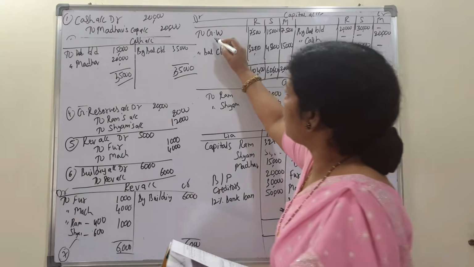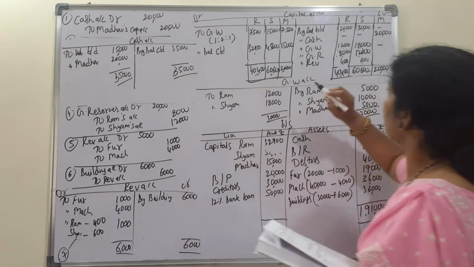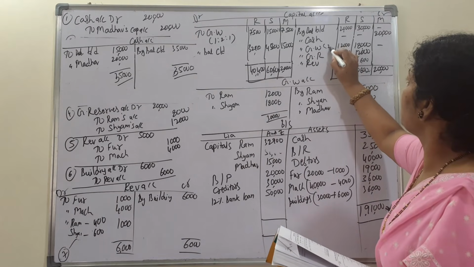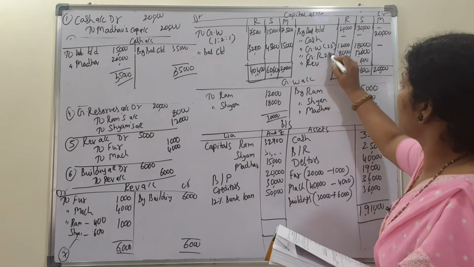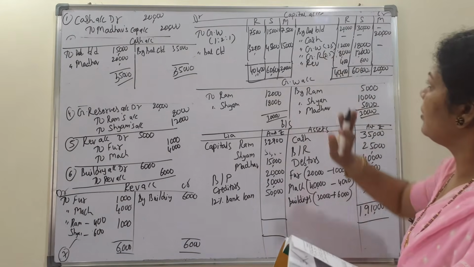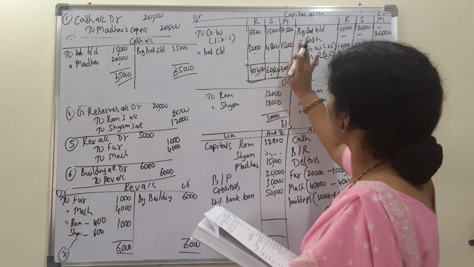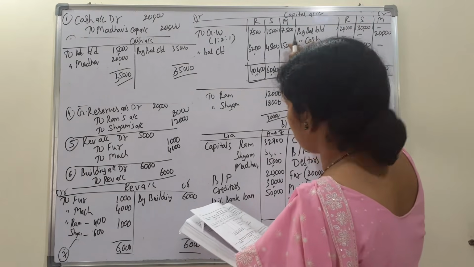So this is in the ratio of 1:2:1 and this is 3:2, 2:3. General reserve was also 2:3. So altogether we'll be getting 45,600, 15,000, and not 15,000, this is also 12,500.